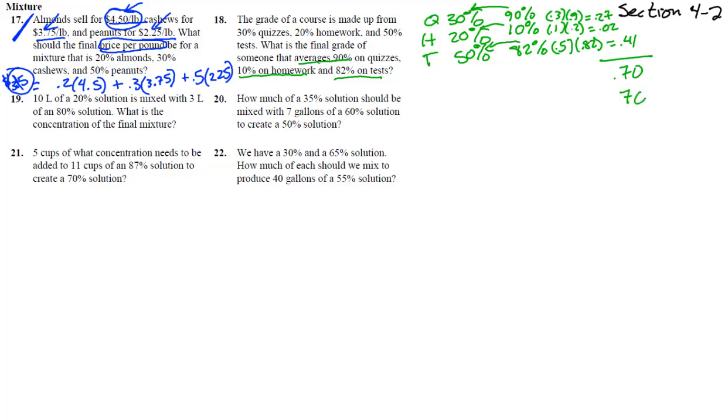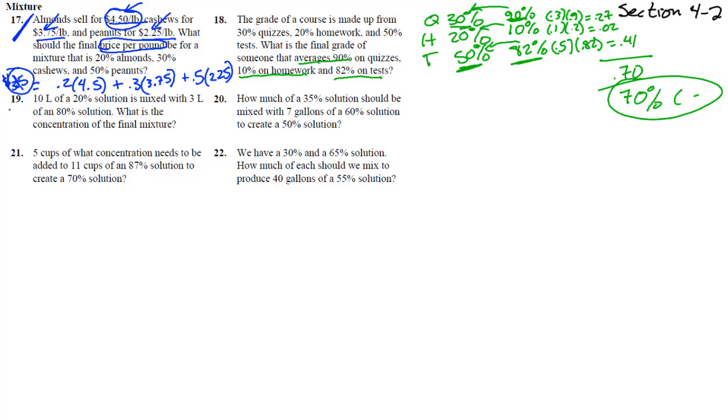So he ended up with a 70% in the class, C minus. The fact that half of his grade was at a B minus and 30% of his grade was nice, but he slacked off on the homework, took him all the way down to a C minus. Poor guy. Alas. All right. That's the idea of weighted grades. You take this 30%, 20%, 50%, and that's how much weight goes on each one.